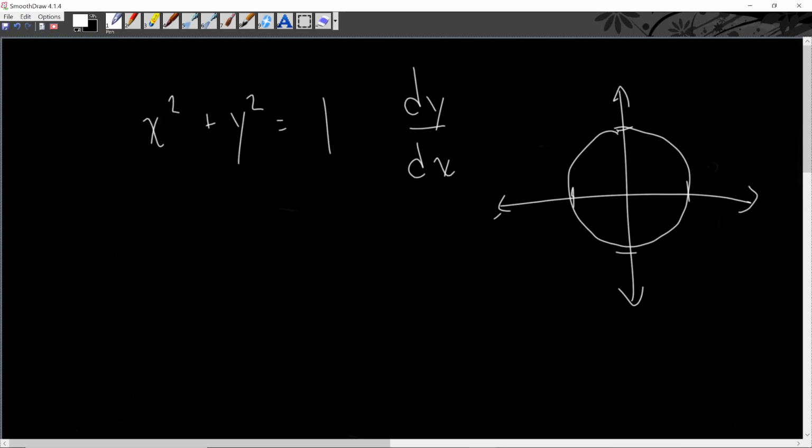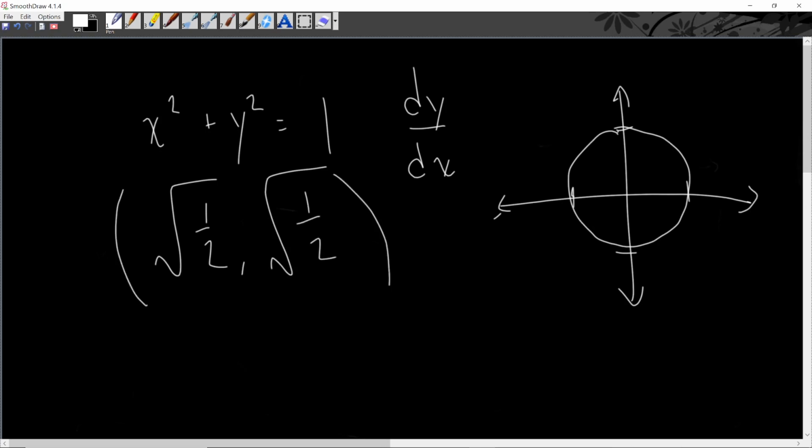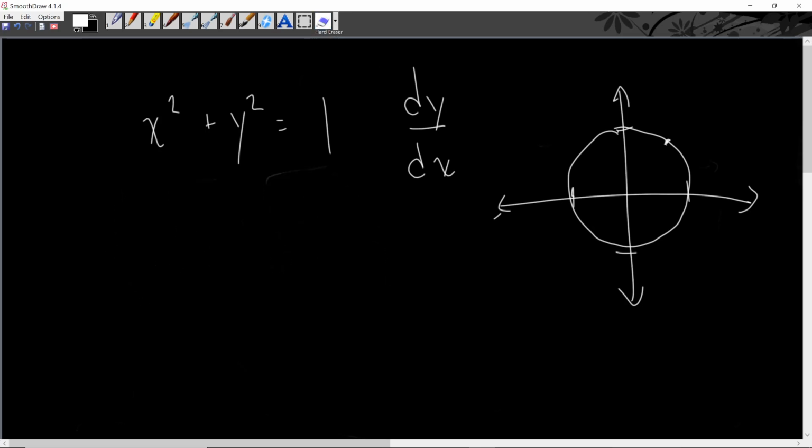For example, the square root of 1/2 and the square root of 1/2 is a point, and that would be root 2 over 2, root 2 over 2, somewhere around there. We should be able to plug that point in to find a nice tangent line at that point.